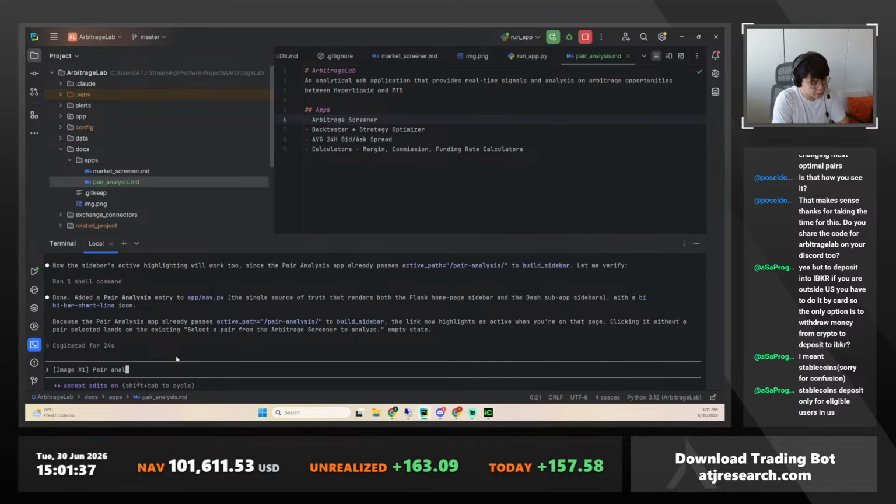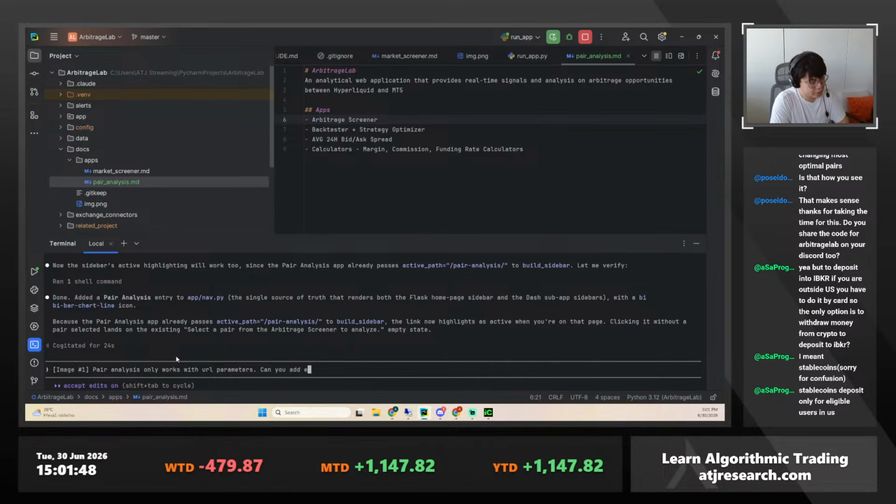Pair analysis only works with URL parameters. Can you add extra input fields so I can input the symbol manually if the URL params are empty?